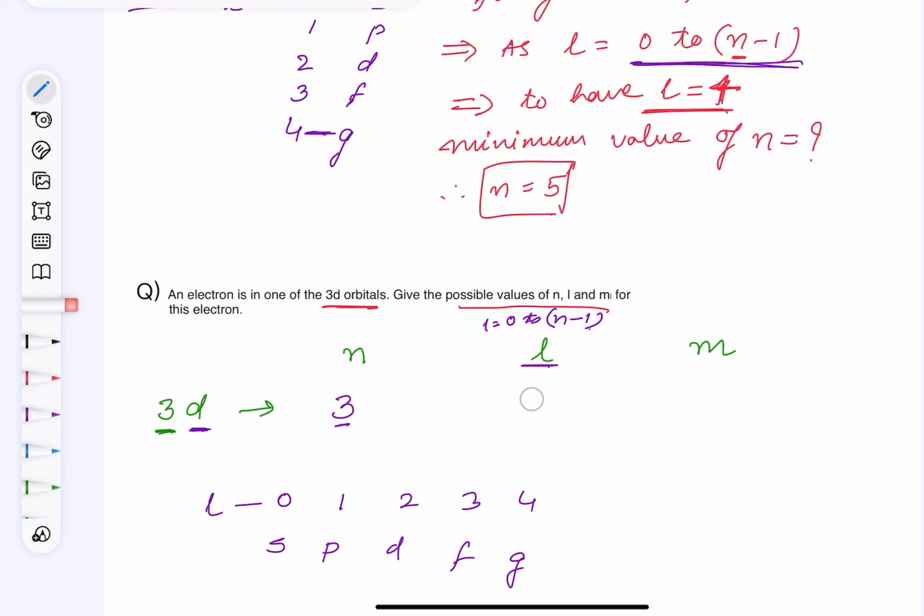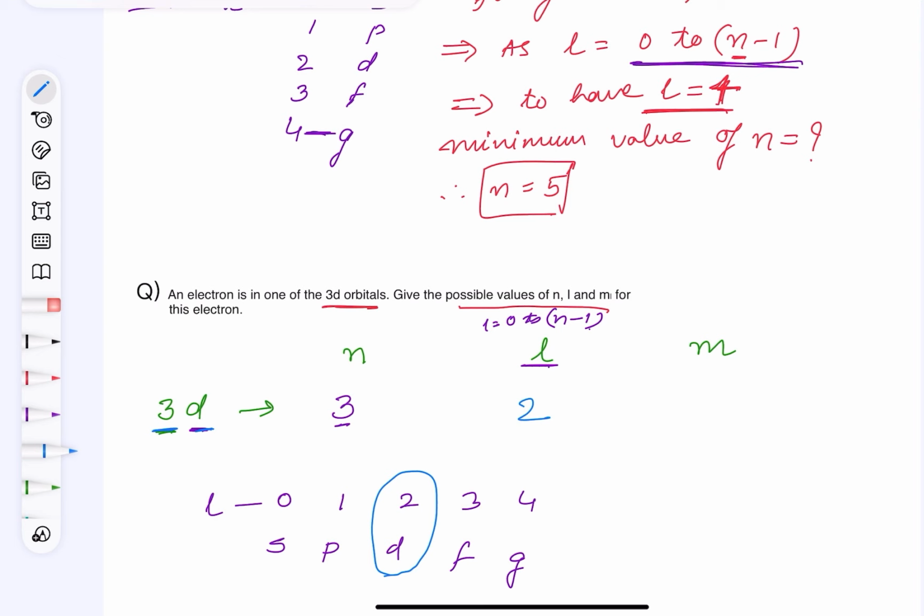Hence the value of L has to be 2, because you are given 3d and the value of L is 2 for d orbital. And here 3 is the principal quantum number.